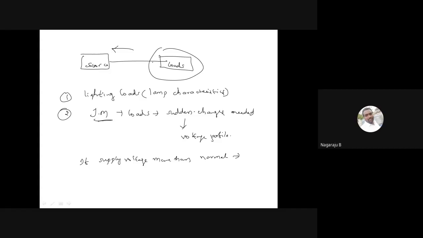If the supply voltage is too low, it is going to reduce the starting torque.